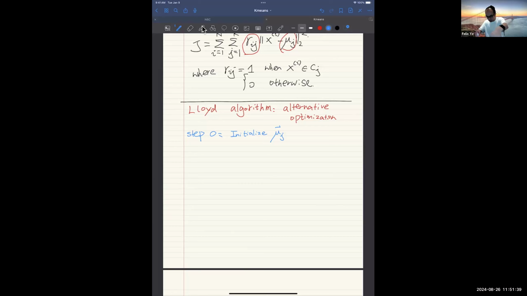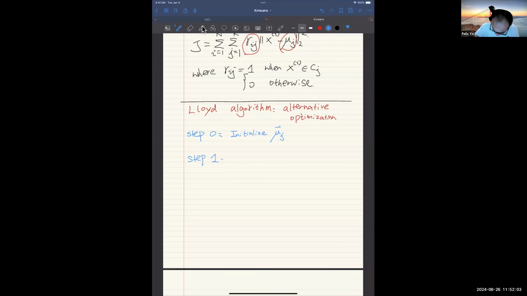In the next lecture, we're going to talk about how to initialize the mu_j smartly. For now, let's just randomly pick the mu_j's in the whole feature space, k random points.